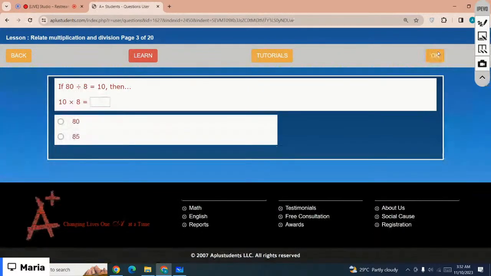Okay, the next one is if 80 divided by 8 equals 10, then 10 times 8 equals 80, so the correct option is 80.